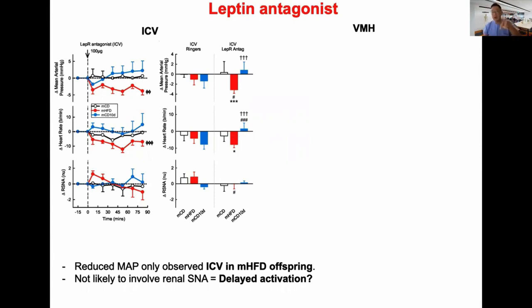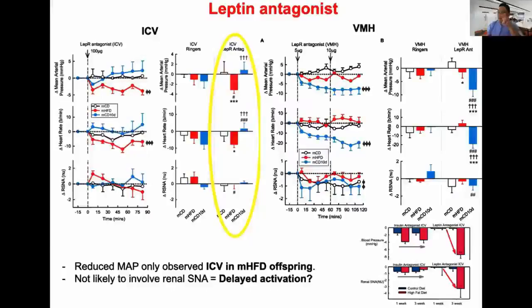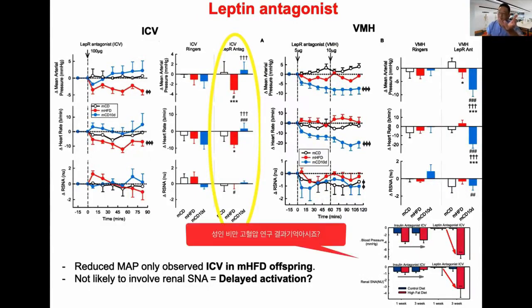Now, when we directly targeted the area of the ventromedial hypothalamus, there was not much change. We were actually surprised when we didn't see any change with the leptin antagonist. But we clearly saw with the ICV injection that there is a change due to the maternal obesity in the brain of the offspring.